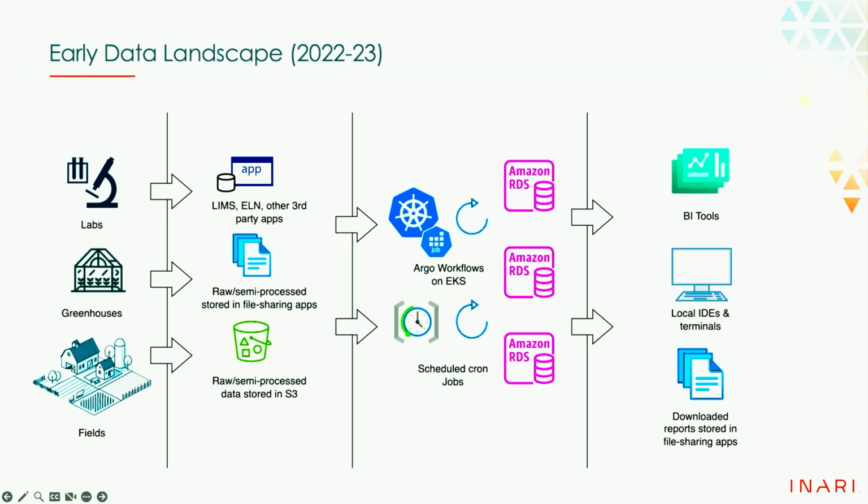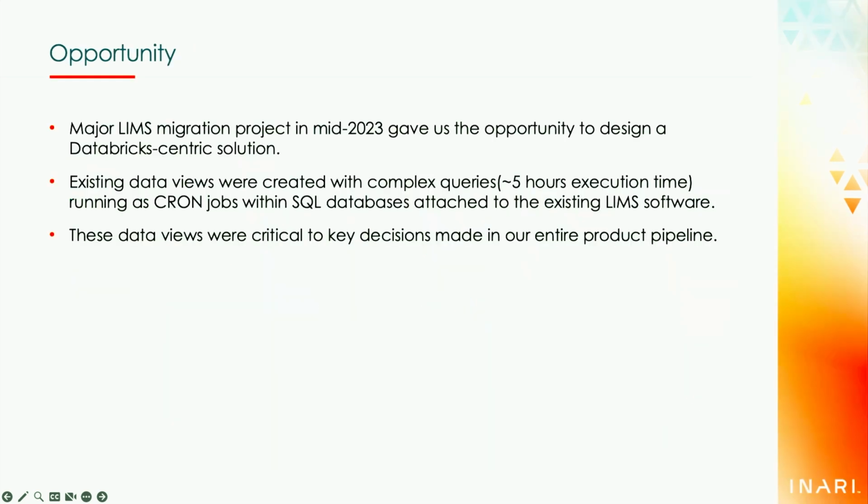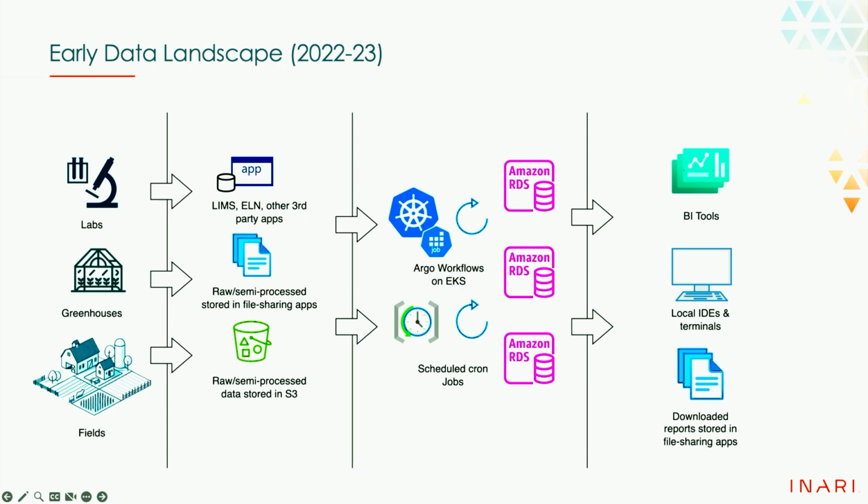This data would go into some vendor software such as LIMS or ELN. And then we also would put it in file sharing apps such as Box or SharePoint, creating a bunch of silos there, and also a lot of S3 buckets. We had, I think, 800 S3 buckets when I joined, which is insane.